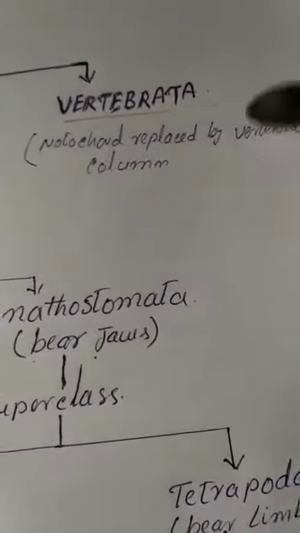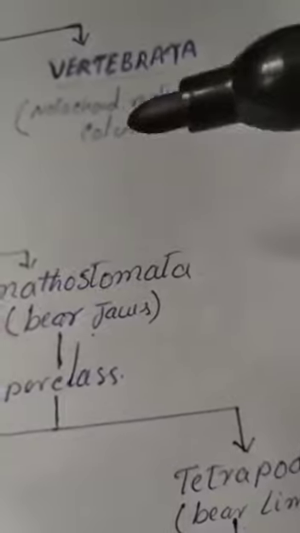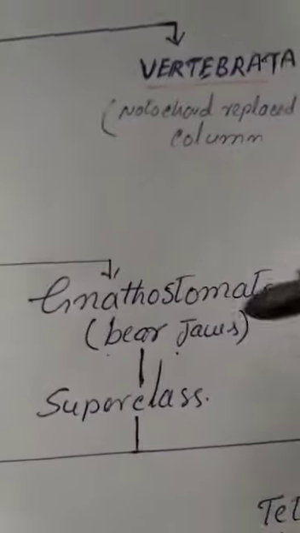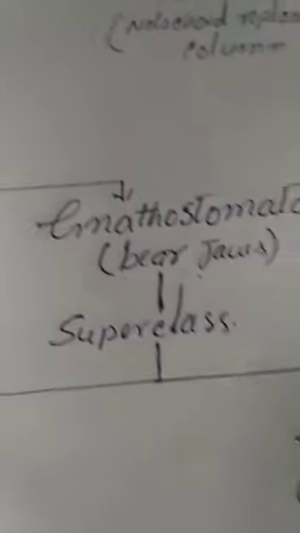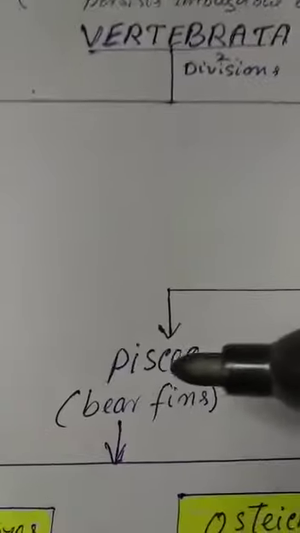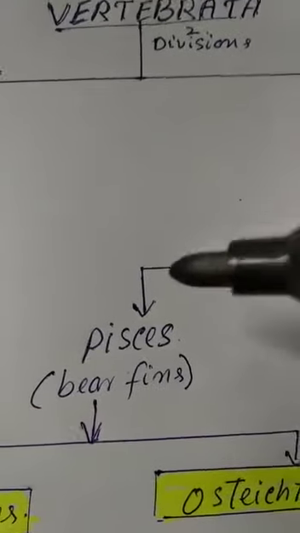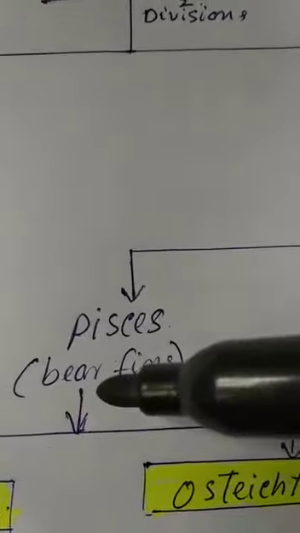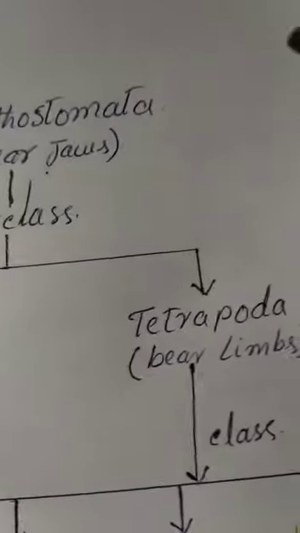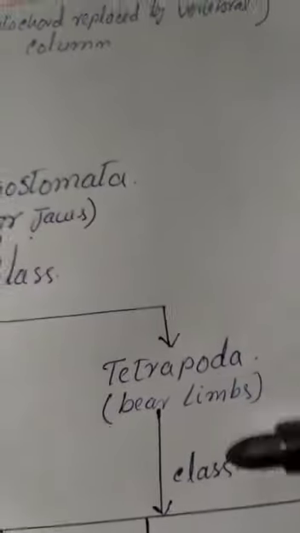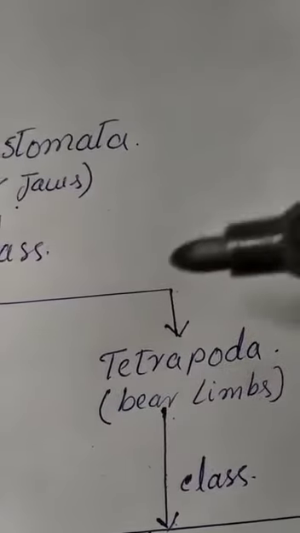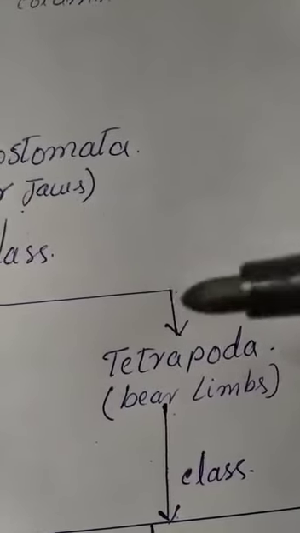Now these Gnathostomata, those animals which bear jaws, are divided into two superclasses. Number one is superclass Pisces, which are characterized by having fins on their body, and second is the superclass Tetrapoda, which are characterized by having limbs.